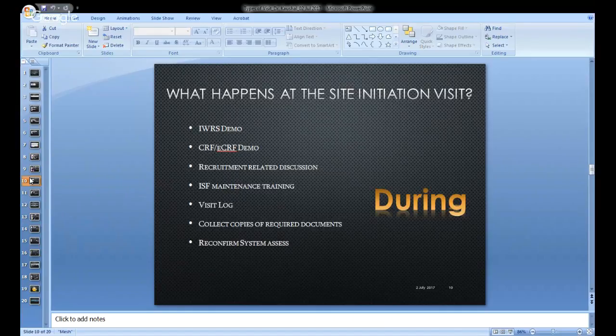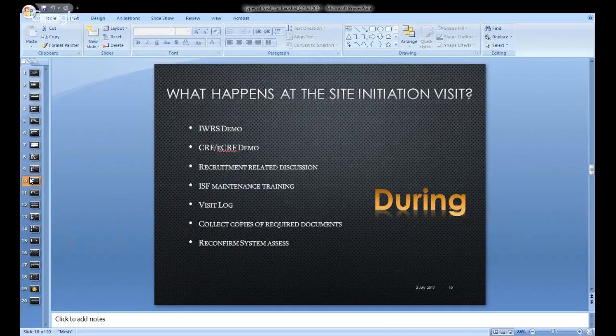And yes, when we have a new addition, we also need to procure the CVs, their medical registration certificates, and so on and so forth. Ensure that all the copies that are required are collected during your site initiation visit if pending.